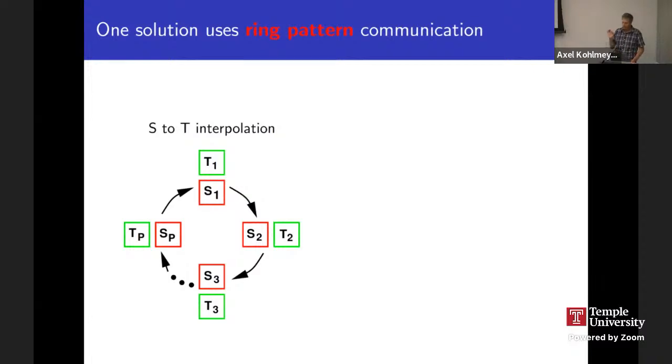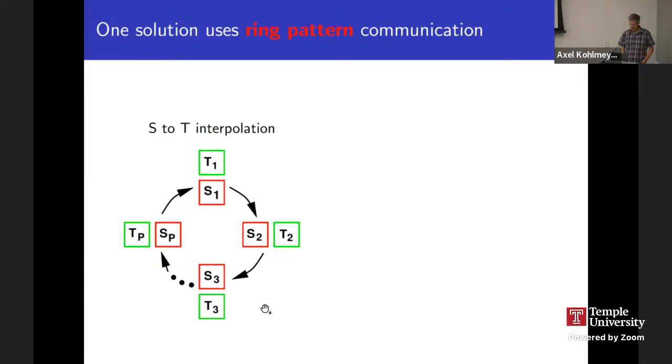So here's a very simple pattern that you can think of as a brute force rendezvous algorithm, and that's to use what you could call a ring pattern. I'm just showing 4 processors here, but imagine this is a loop arrayed as a ring with all P processors. So it could be 100 processors, 1,000 processors.